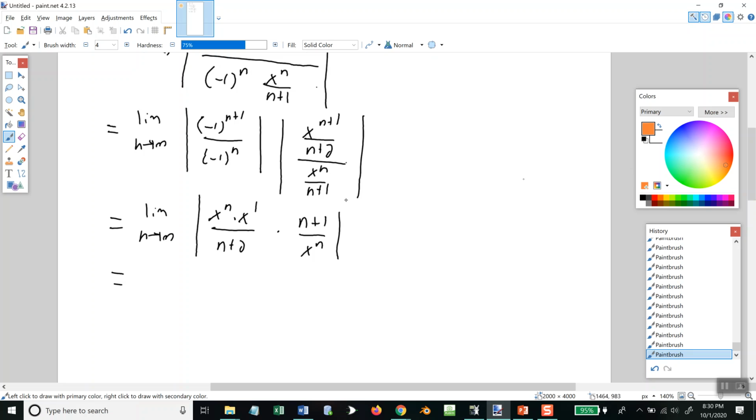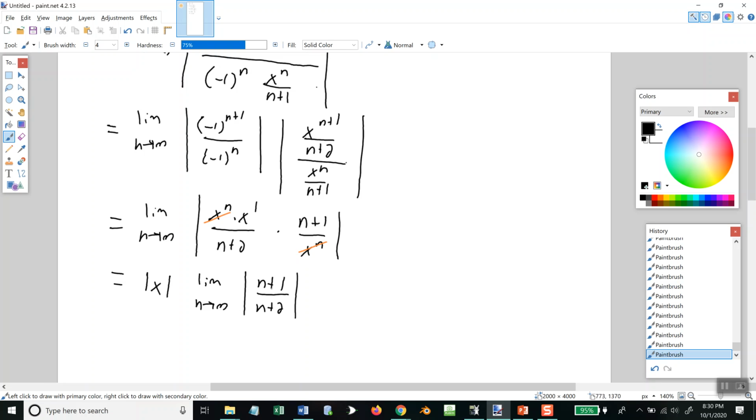The x to the n's would cancel. And we got x here, x to the first. I could take that and put it out in front with an absolute value around it. And that leaves us n plus 1 over n plus 2.